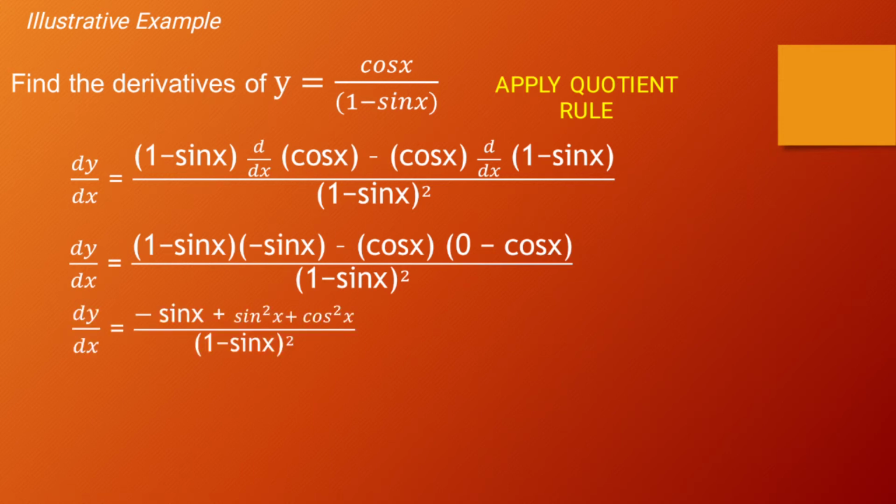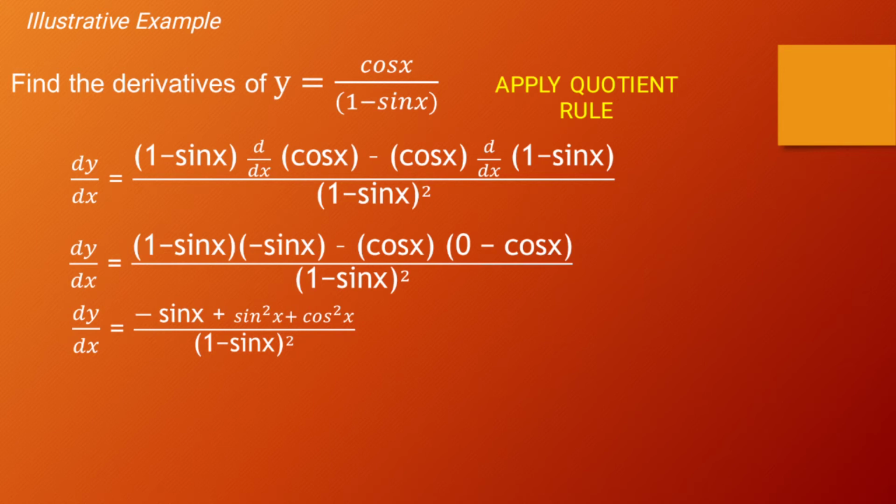Then next we have dy over dx is equal to negative sine x plus sine squared x plus cosine squared x. We'll just have to simply perform this.